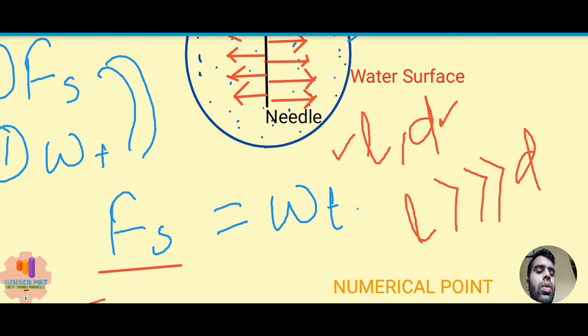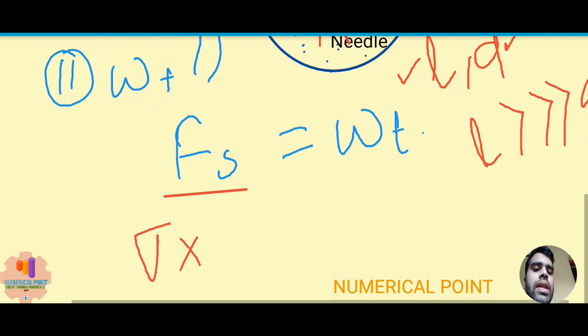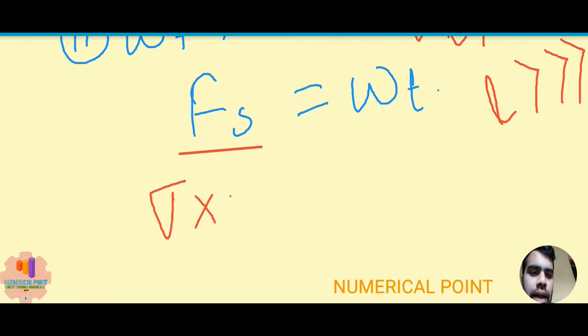So in the calculation of perimeter there will be 2L. One is this side of the needle, the right side of the needle, and the other is the left side of the needle. So the perimeter we can write as 2L.